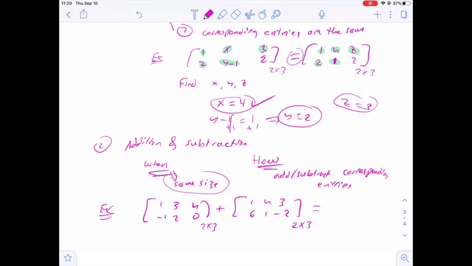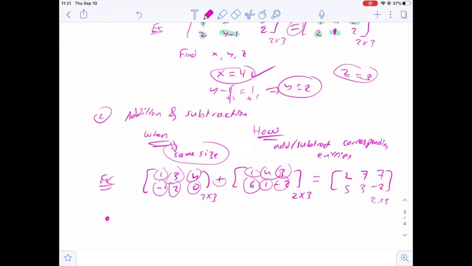Then we add the corresponding elements: 1 plus 1 is 2, 3 plus 4 is 7, 4 plus 3 is 7, negative 1 plus 6 is 5, 2 plus 1 is 3, 0 plus negative 2 is negative 2. Notice that the resulting matrix has the same order, 2 by 3.